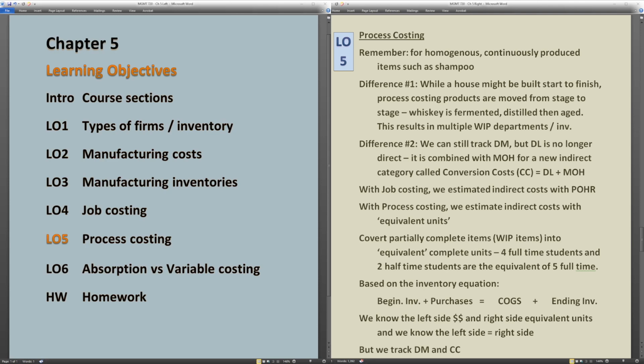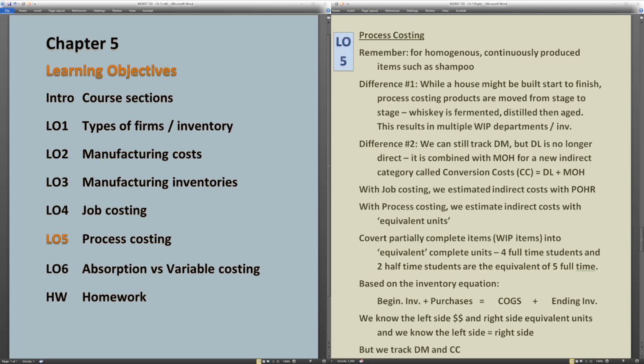So what ends up happening is that the beginning inventory and purchases, we know the dollar amounts. And the cost of goods sold and the ending inventory, we know the direct materials and conversion costs. So because the left side must equal the right side, we are able to transfer through this process the dollars from the left side of the equation. We can transfer those to become dollars on the right side of the equation.